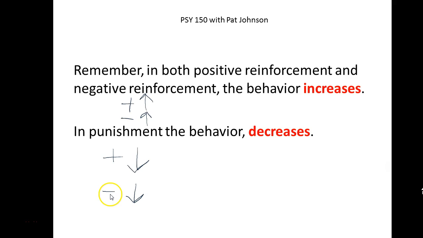So the teenager curses, the allowance is taken away, the cursing behavior decreases. That would be negative punishment. Don't worry about that, though, for this course. We're not going to get into that great of detail. Just know the difference between positive reinforcement, negative reinforcement, and in general, in punishment, the behavior decreases.